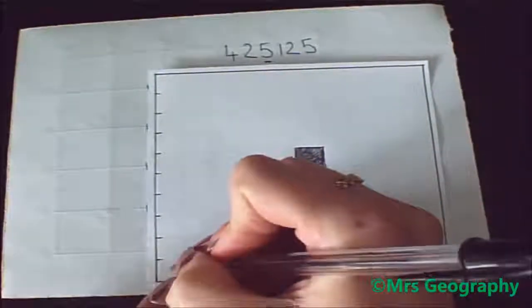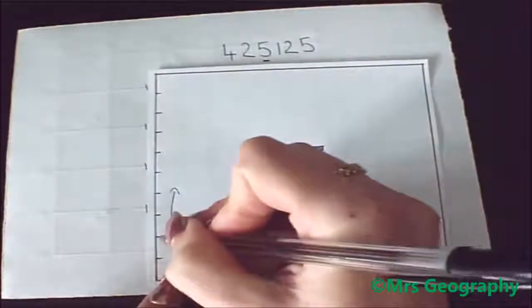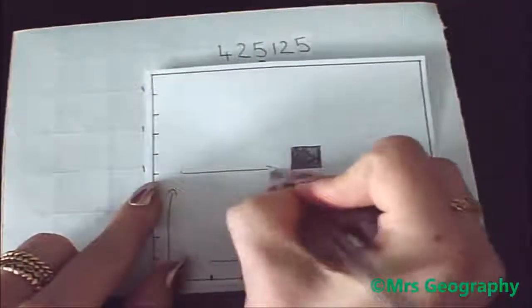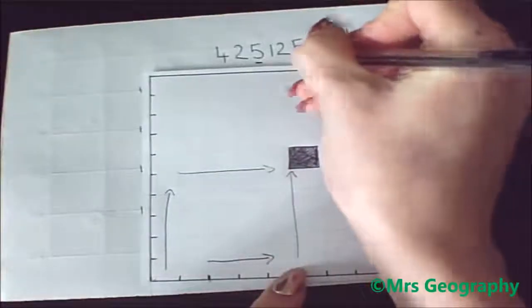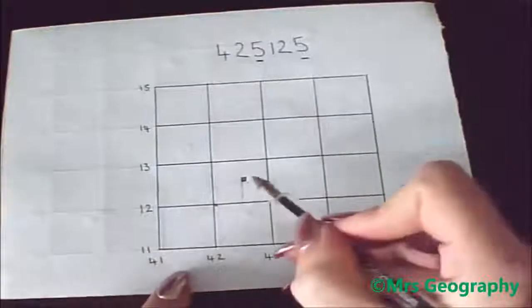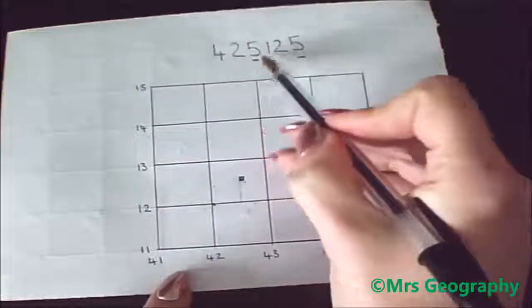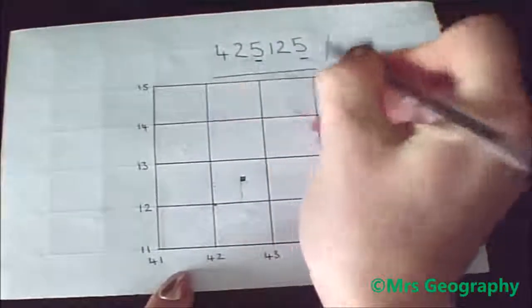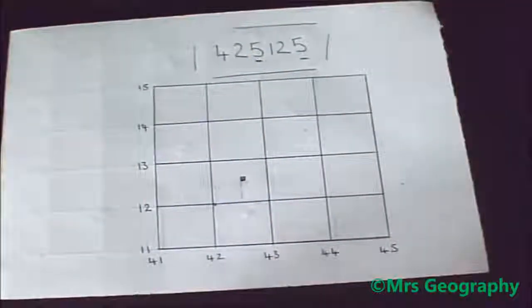Then we notice that if we go up the stairs, 1, 2, 3, 4, 5, that's where our second 5 comes from. So the answer to this point is 425, 125. And that is our six-figure grid reference.